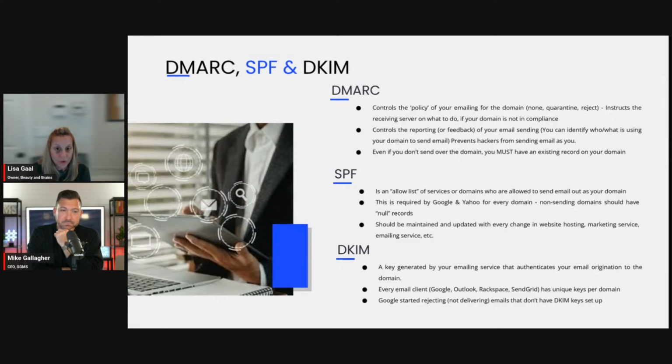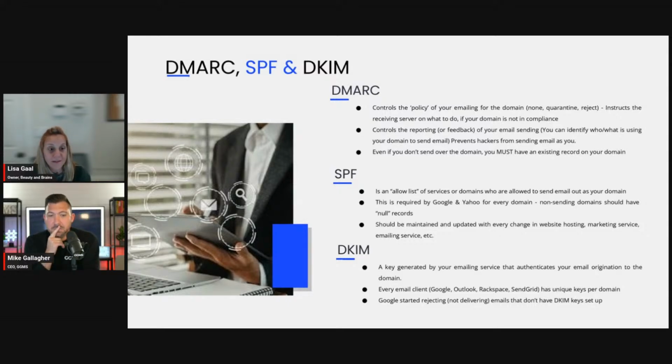There's no reporting turned on. There's no policy turned on. Google and Yahoo essentially said by February, we need everybody to at least have this record exist. It's probably one of the only records that you could blanketly put on a domain and have it pass a small piece of that Google Yahoo compliance. Everything else is unique to a domain and unique to its sending.